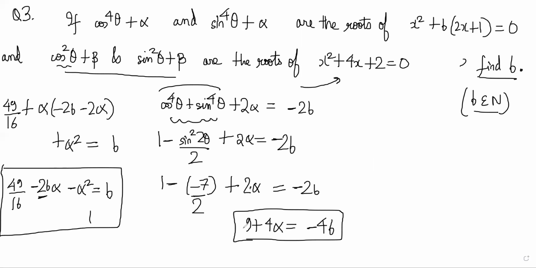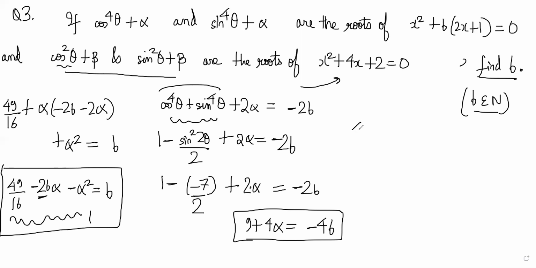So I will get only alpha stuff on this side if I replace 2b with 9 plus 4 alpha by 2, right? But isn't replacing alpha better? Because anyway, we need to find only b. To replace alpha, that is also possible.